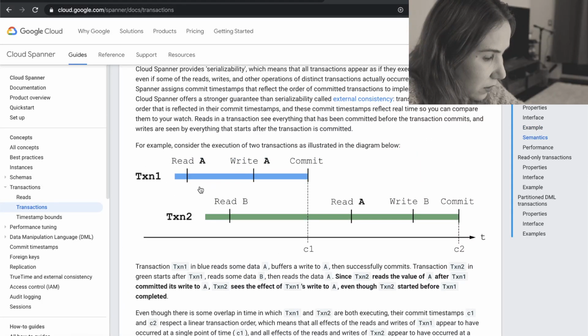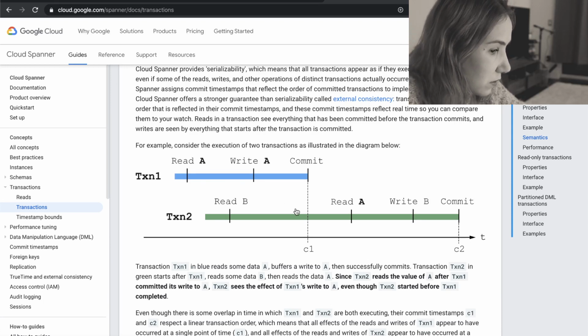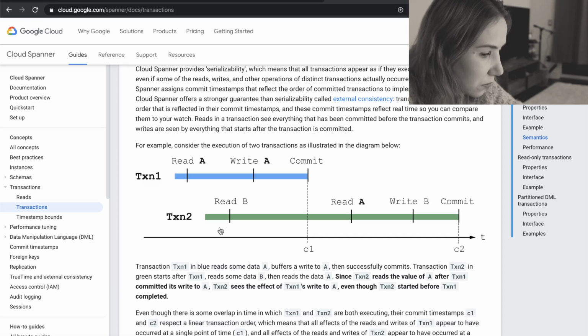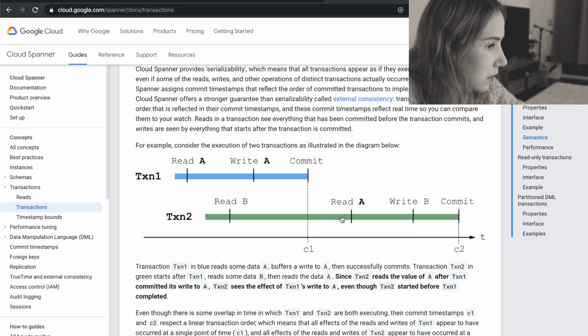Yeah, so this is Spanner's guarantee, which is external consistency, which means that it does this globally. If you have two transactions reading the same thing and mutating the same thing, if transaction 1 commits before the second transaction reads it, it provides this. So this means there's less contention, less locking.